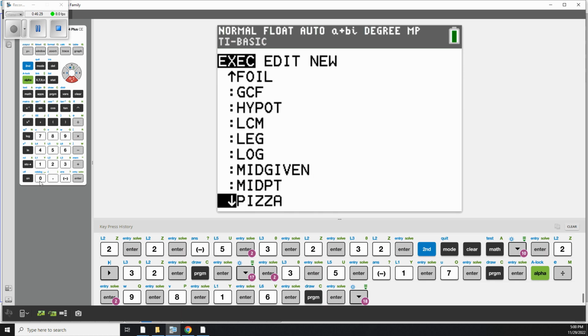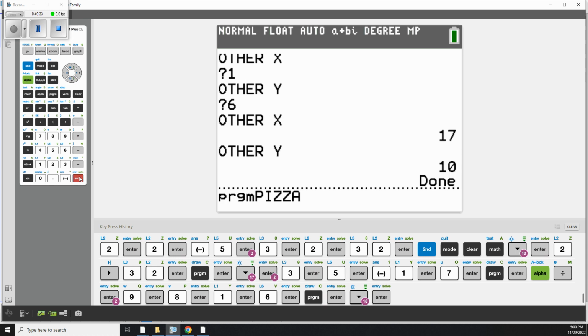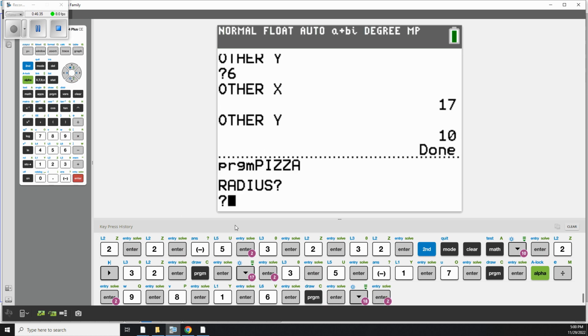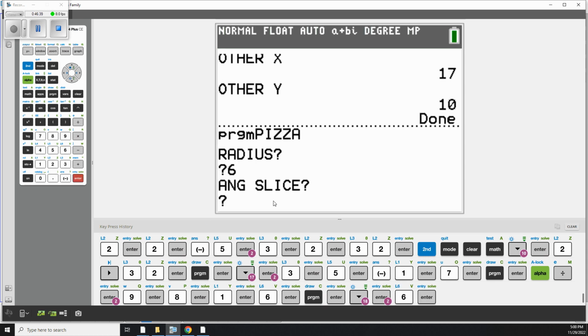Who don't like pizza? Pizza, you give me the radius of the circle and the angle of the slice. This will help you in trig. Let's say the radius is 6 and you have a 60-degree slice.